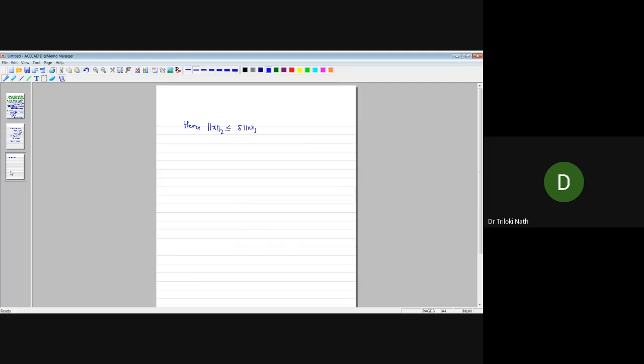Converse part is easy. Means if you consider this is satisfied, then automatically you can prove that this open ball is contained in this open ball. So converse is easy. Prove it. This is an exercise for you.